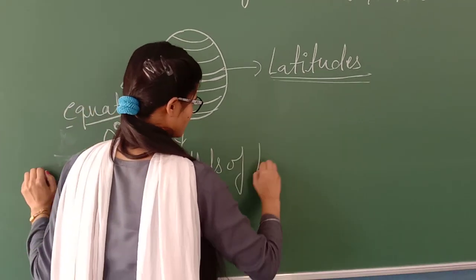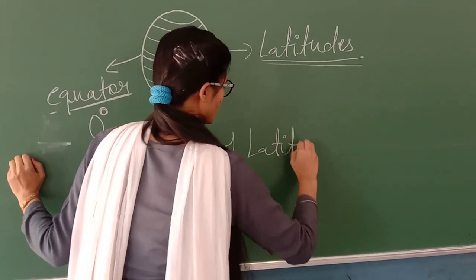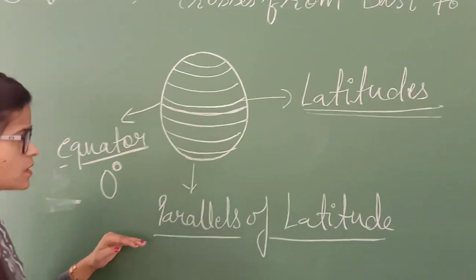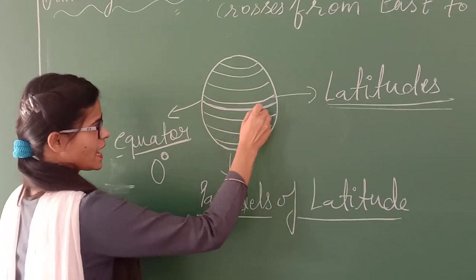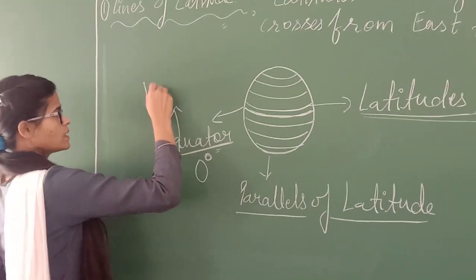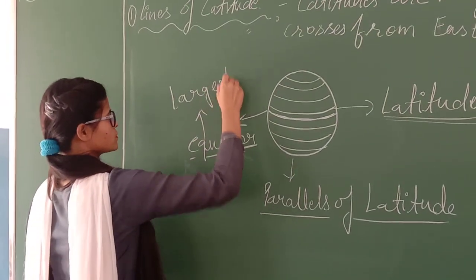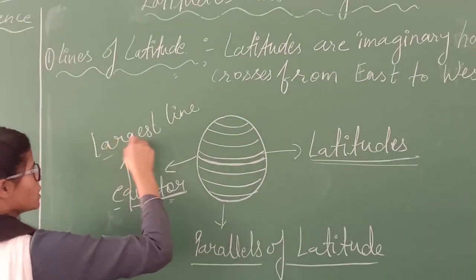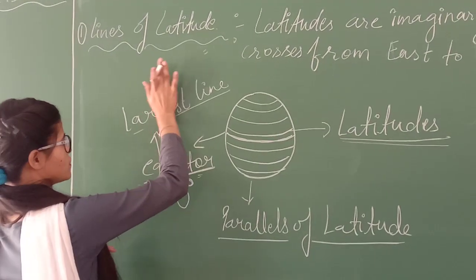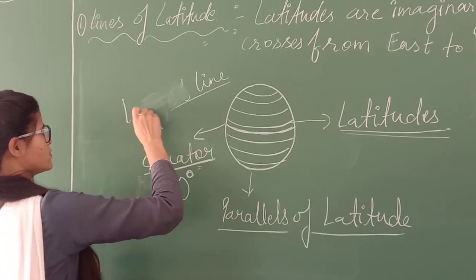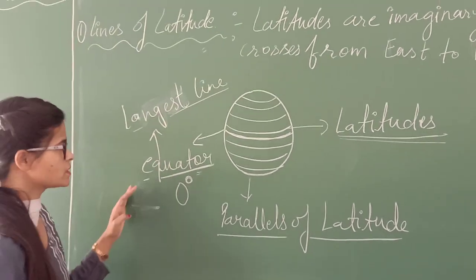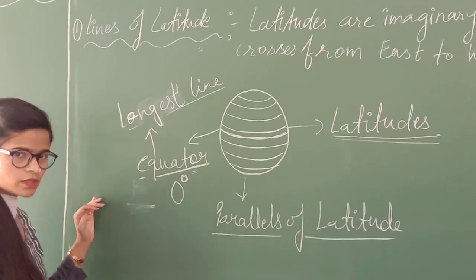Why do we call them parallels of latitude? Because in between we have this equator, and it is the largest, the longest line drawn on the earth.